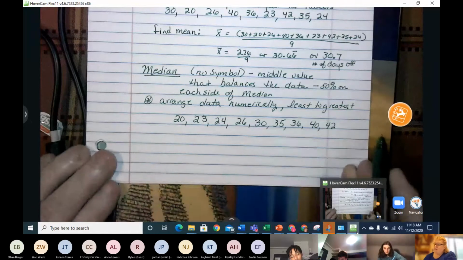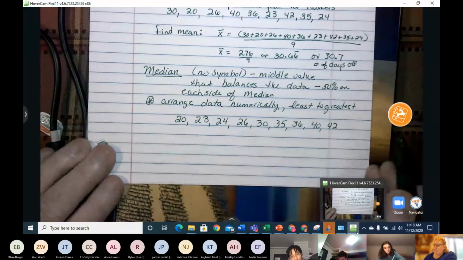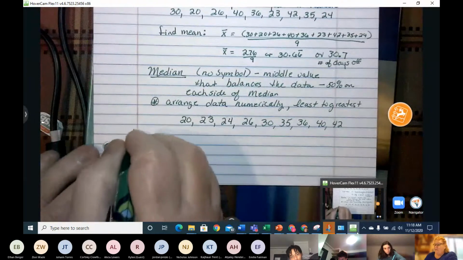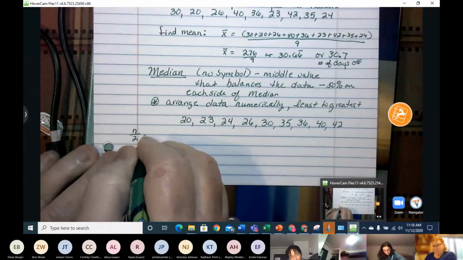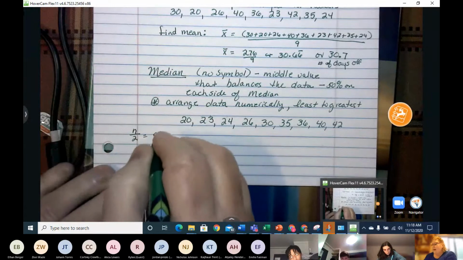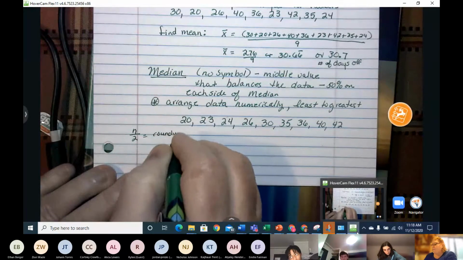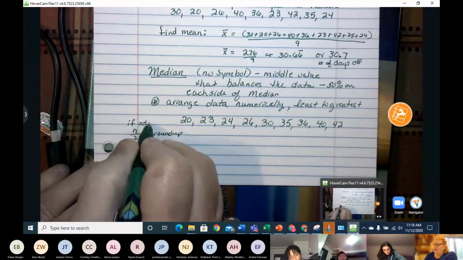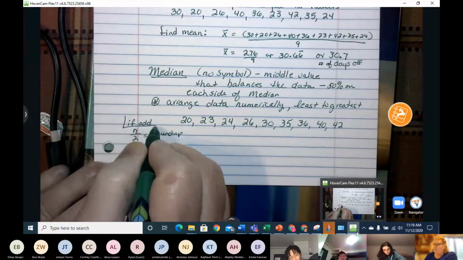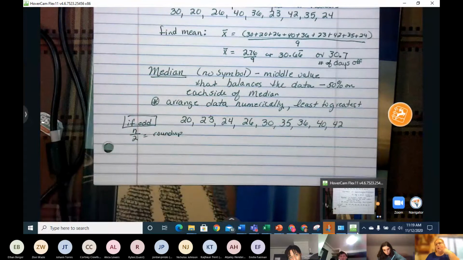To find the middle value, we would count the number of items and divide it by 2, and we would round up. Now, if it is an odd number when we count them, there is only one middle value.